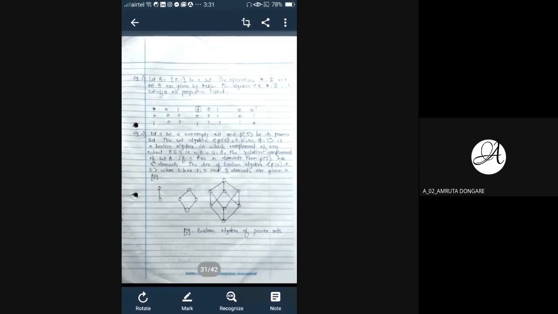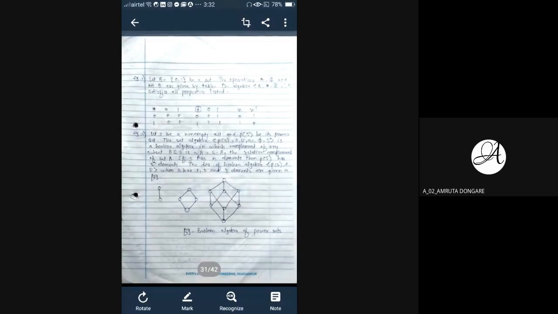The first operation is the star operation, the second is XOR, and the third is complement. Then this (B, star, XOR, complement, 0, 1) is called a Boolean algebra.